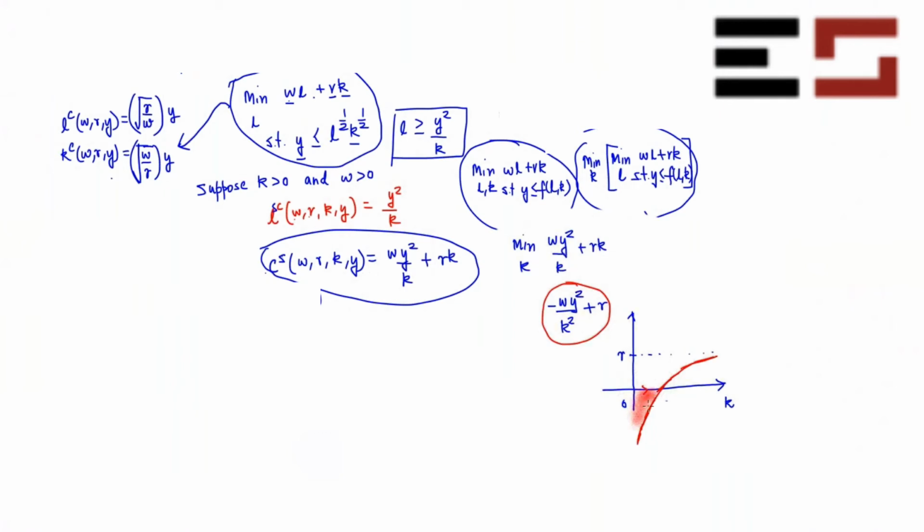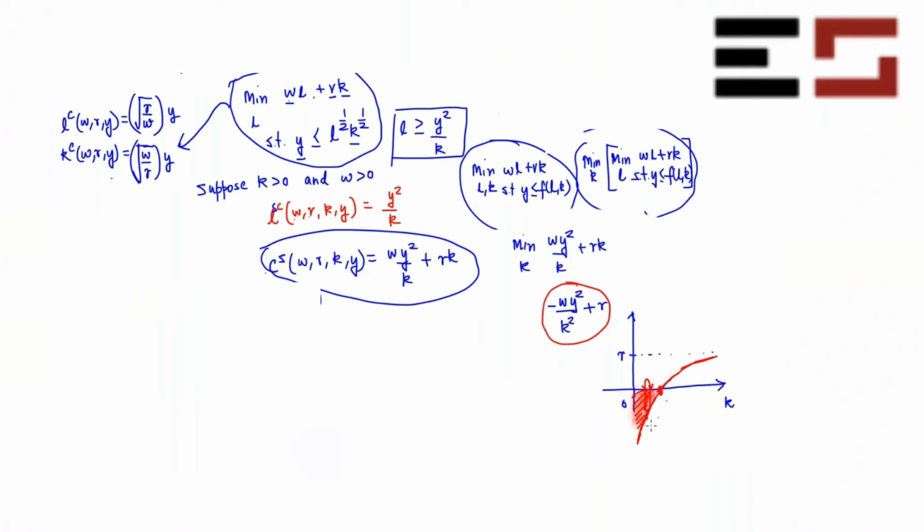Negative means your cost goes down by this magnitude if you increase the amount of capital from this point to this point. Okay, so where is the cost minimum?